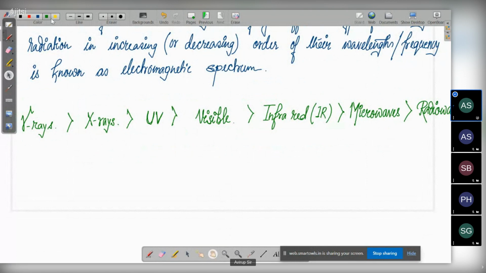And on what basis has this arrangement been done? This is on the basis of decreasing order of frequency.